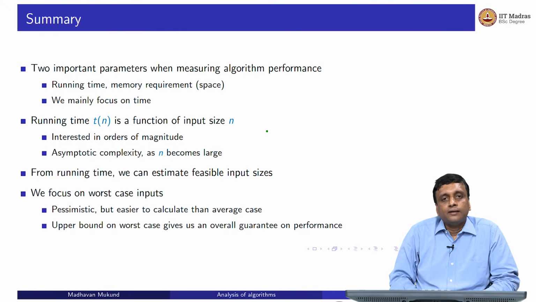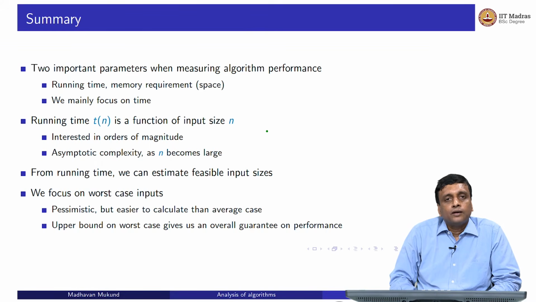And finally, we said that there are many inputs of a given size and we can hope in some situations to come up with some kind of average performance, but this is very hard. So instead, we will typically look at what's called the worst case. We will reverse engineer from the algorithm the input that takes the longest time, and based on this, we will give an upper bound on the running time of the algorithm.